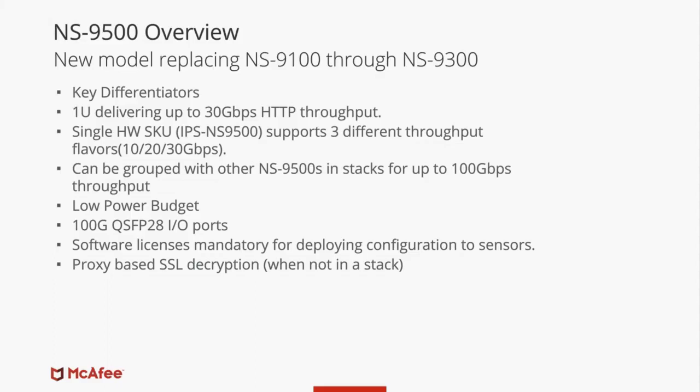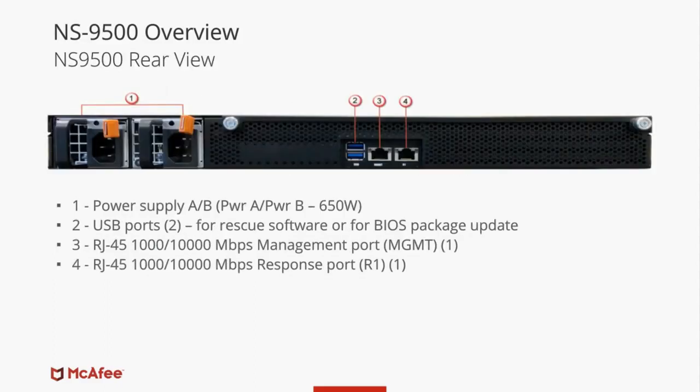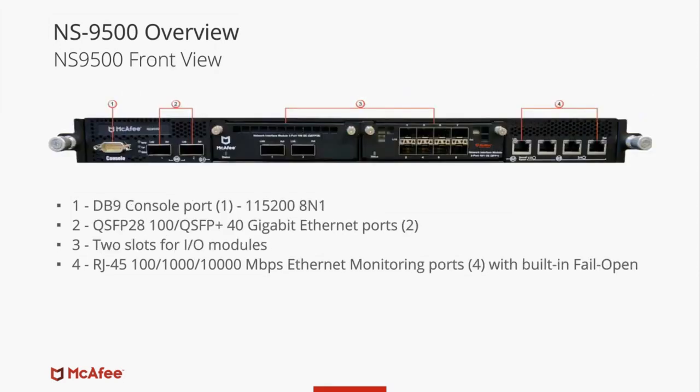The NS-9500 in the back just has the 2 spots for removable power supplies, the management port, and the response port. And the front panel has the serial console, the 2 100 gigabit QSFP ports, and then 2 free module slots that can be used for any of the NS series modules, and 4 built-in 10 gigabit copper fail-open ports.